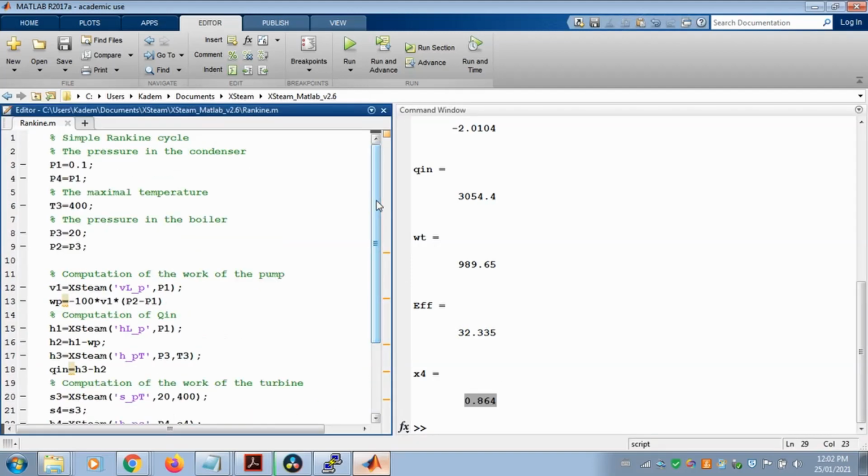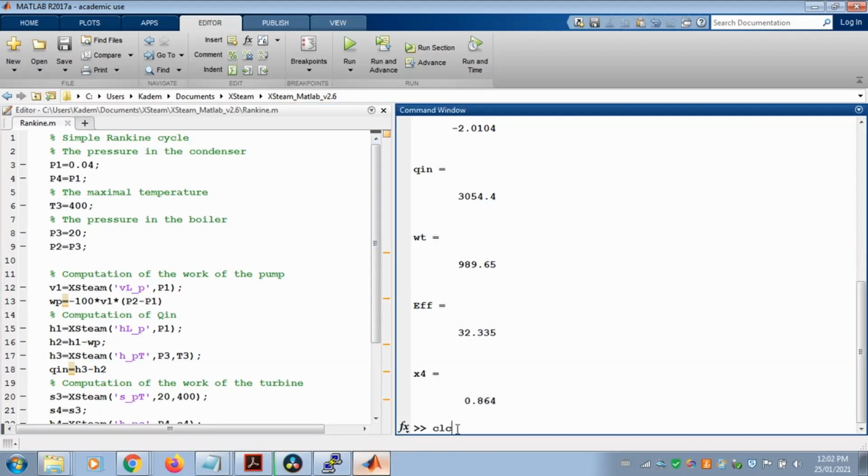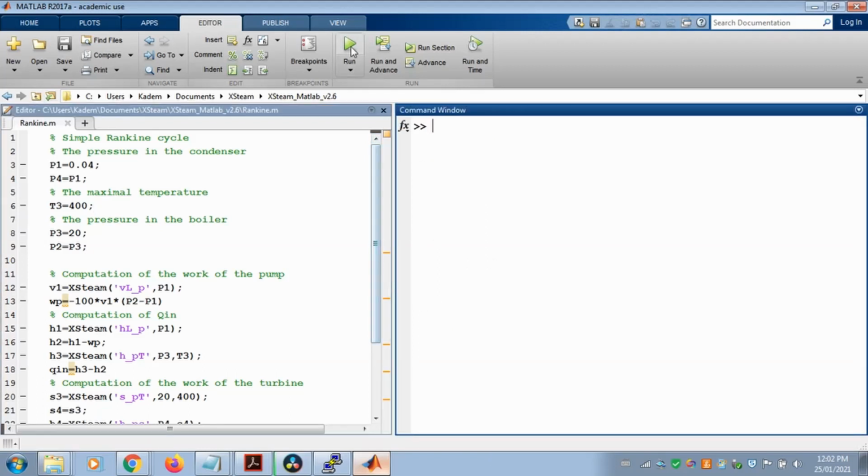So now let's assume we would like to reduce the pressure in the condenser down to 4 kilopascal, okay? So meaning we just have to change P1 here. 4 kilopascal means 0.04 bar. And we keep all the rest constant. So you see it's as easy as this. We save, we clean up a bit here, and we run.